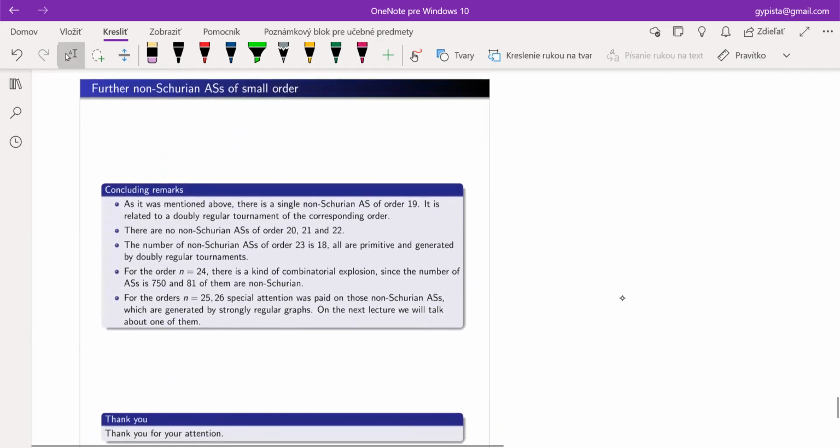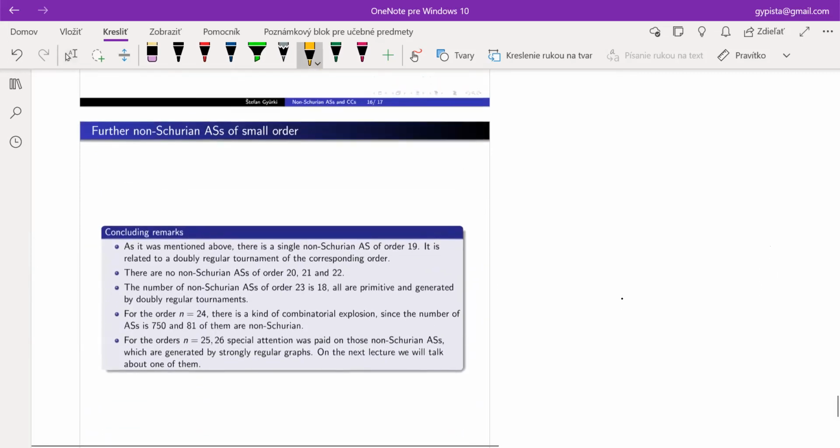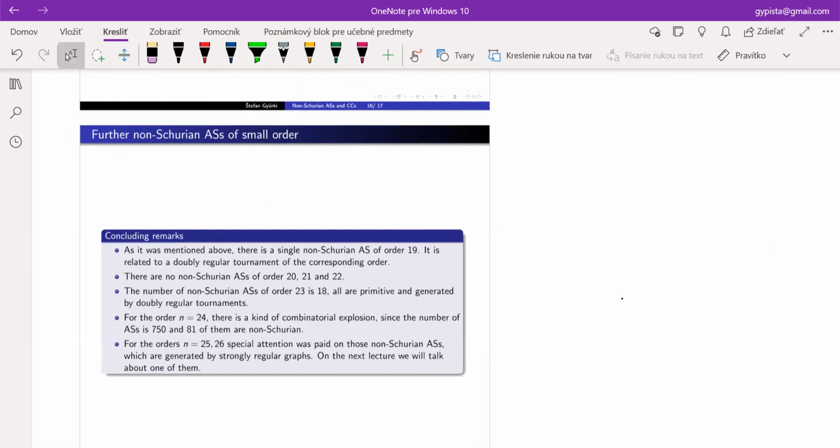I am coming to my last slide for today, and I would like to connect today's talk with the next one by just mentioning what is going on in the remaining small orders. So we are touching orders 14, 15, 16, and 18. From the table, we could see that there is no non-Schurian scheme on 17 points.